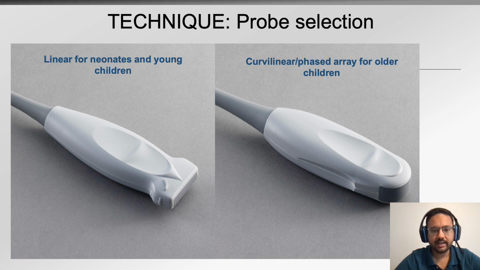That being said, whatever probe you have with you is the best probe for doing any kind of ultrasound. So even if you did not have one of these probes, I would not worry about it and just proceed with the kind of probe you have.